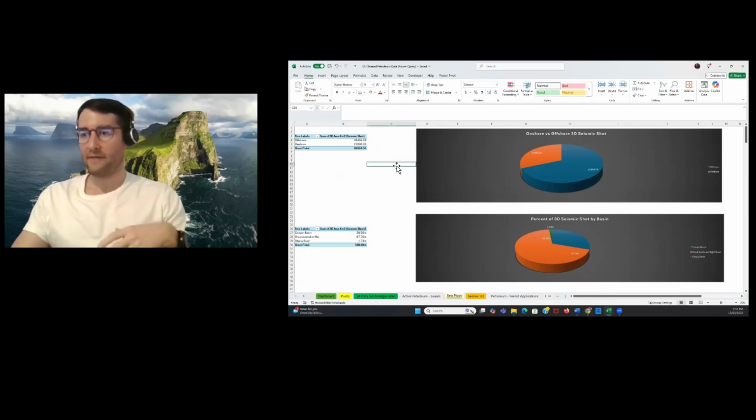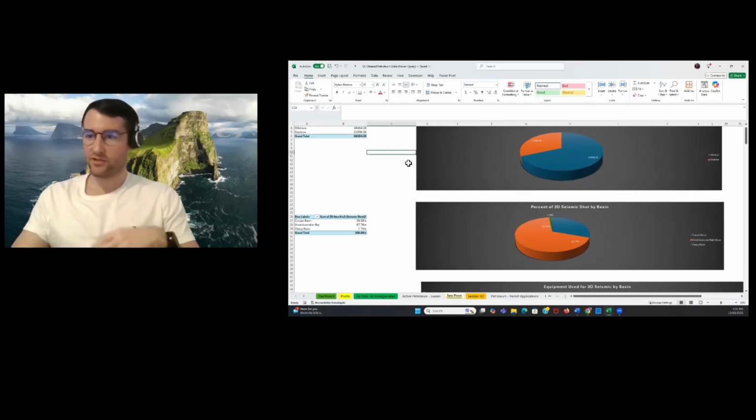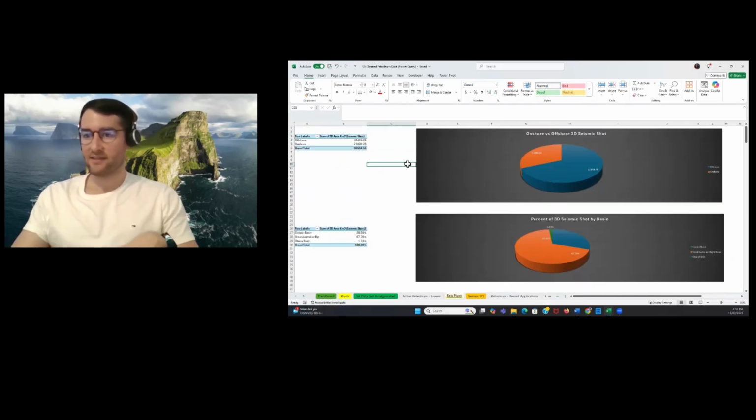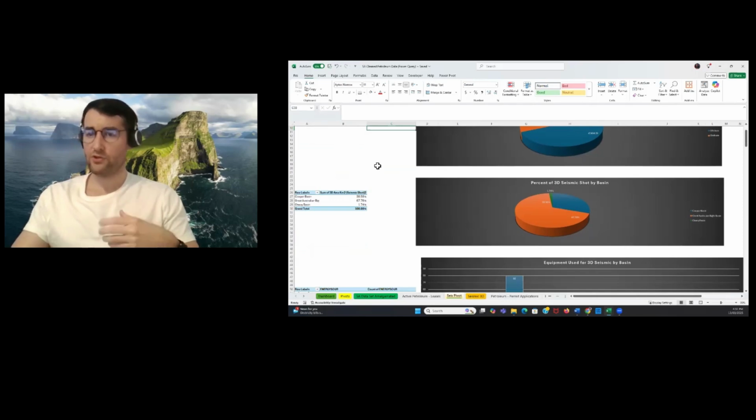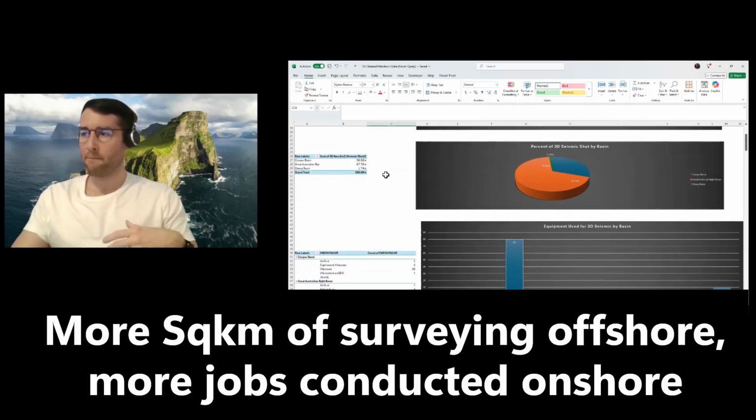Quite a couple of decades to have a look and see how it's trended throughout those decades. But you can see that there's greater surveying being conducted offshore comparatively to onshore in that time.